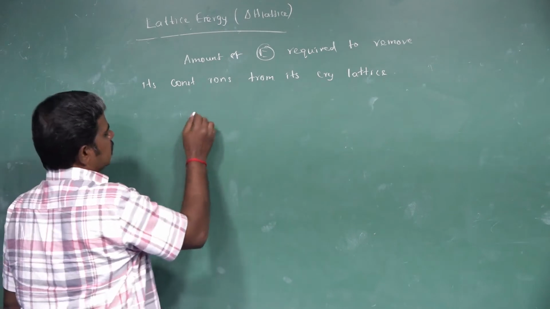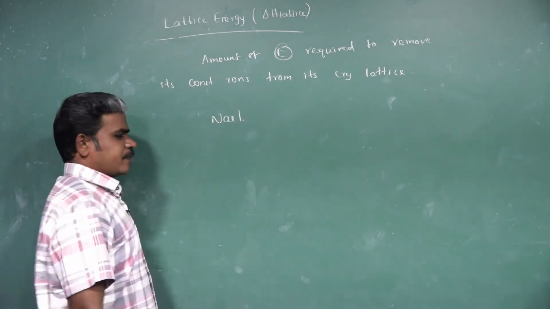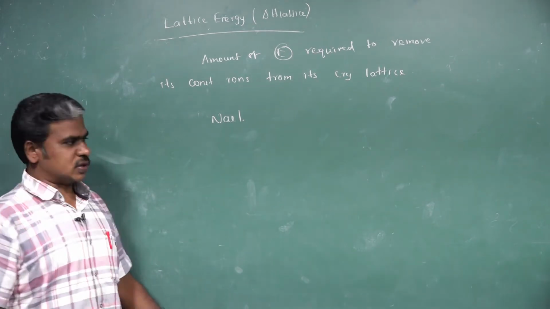Now, we may take NaCl as a crystal lattice. NaCl solid is present in a crystal.